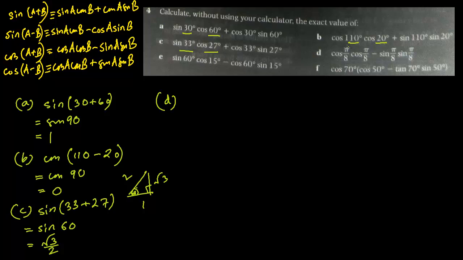Question number D. Cos cos minus sine sine, that means cos A plus B. So A is pi by 8, B is also pi by 8, so this would be cos A plus B, pi by 8 plus pi by 8. If we take the same thing added twice, x plus x is twice x, so pi by 8 plus pi by 8 is twice pi by 8, which ultimately turns out to be cos pi by 4.